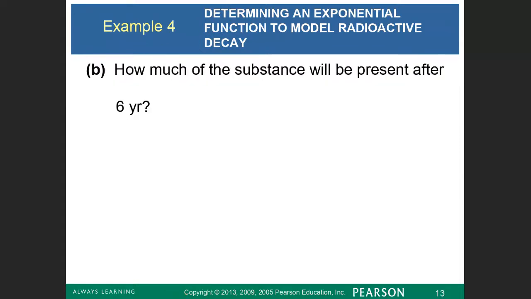Okay, last problem. How much of the substance will be present after 6 years? So let's write the model equation again. So that's the model equation. Our t here is 6.